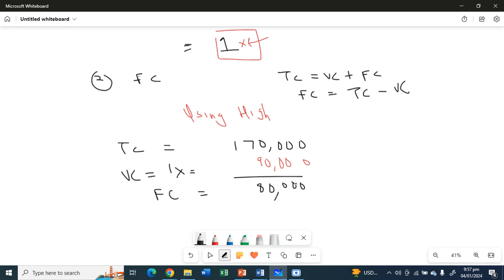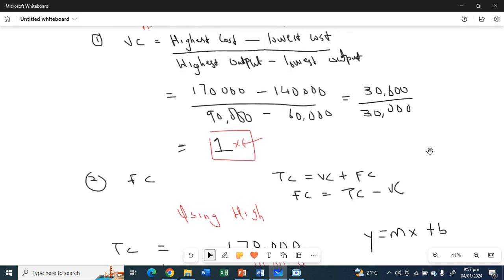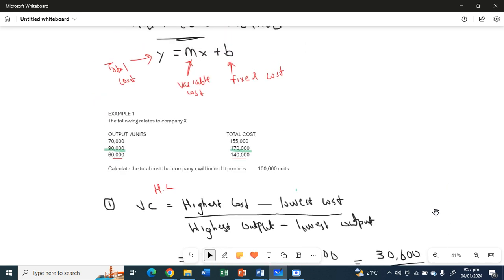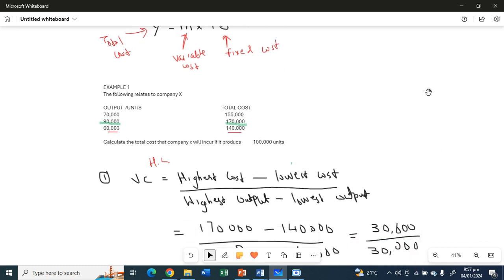So we can now form our cost function, which uses the equation of the line y equals mx plus b. If you remember earlier on, m represents the variable cost, x represents the number of units, b represents the fixed cost.